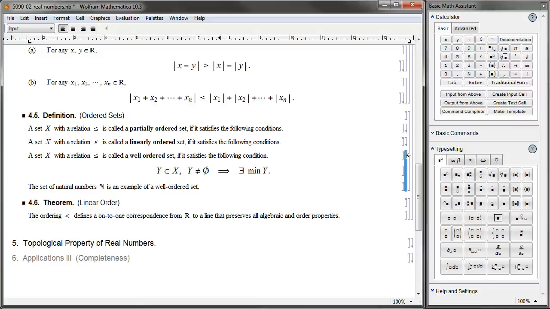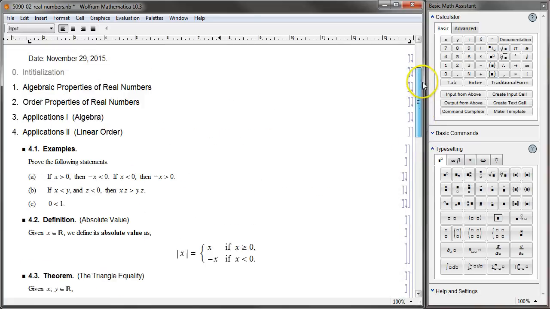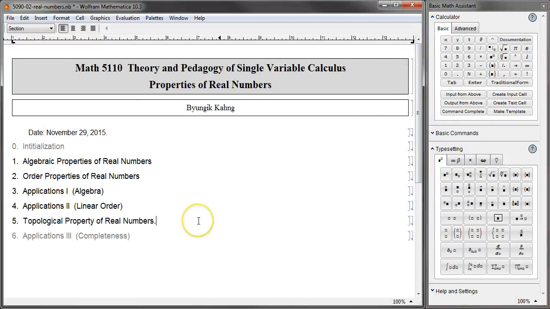There is the smallest positive integer, 1, but there's no smallest negative integer. Well, that's about it for ordering properties, and that's the conclusion of week 2.